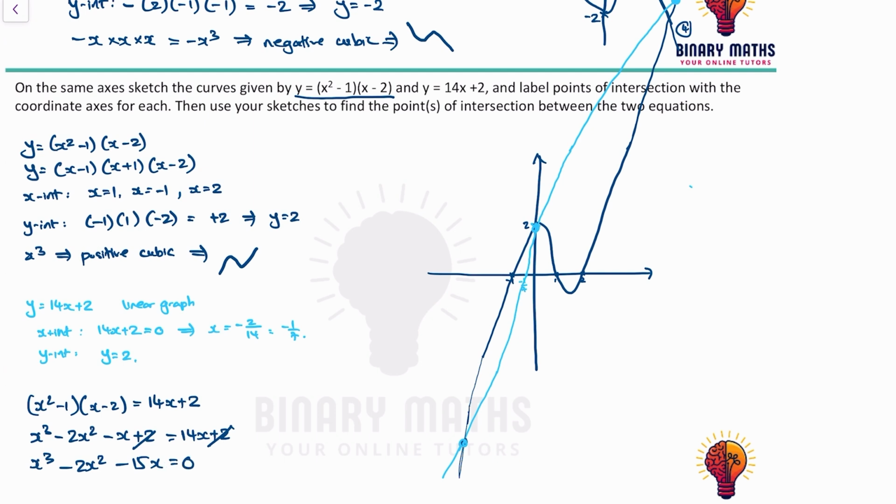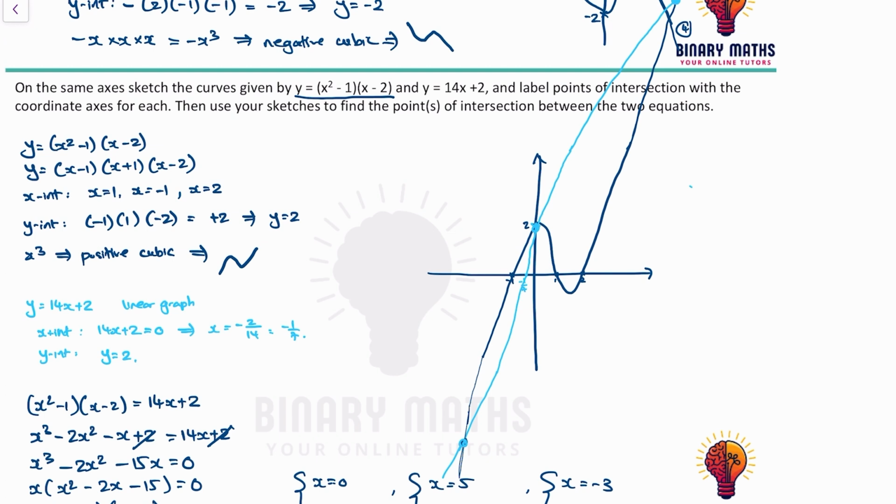If I factorize the x out, I get x squared minus 2x minus 15 is equal to 0. If I factorize the quadratic in the bracket, I get x minus 5 times x plus 3 is equal to 0, which implies I get roots as x equals 0, x equals 5, and x equals negative 3.